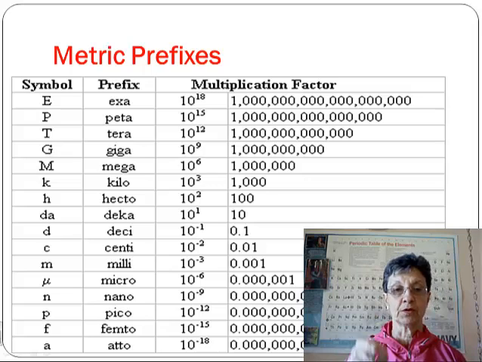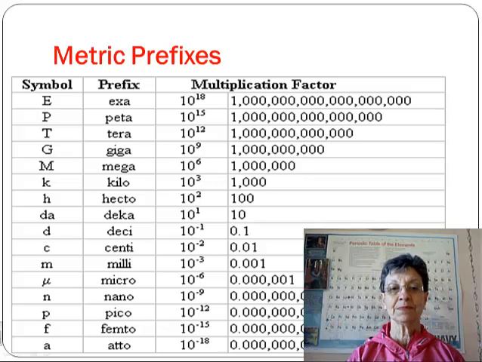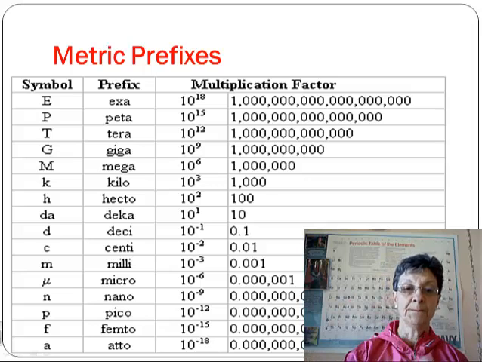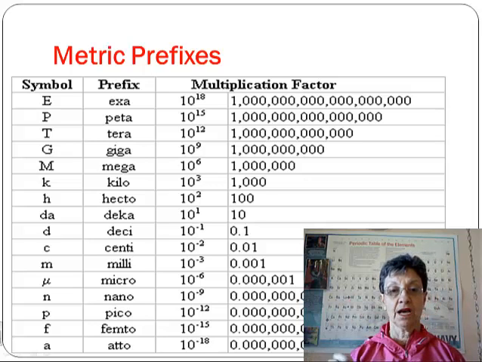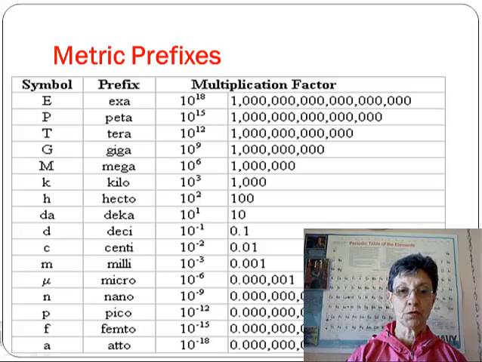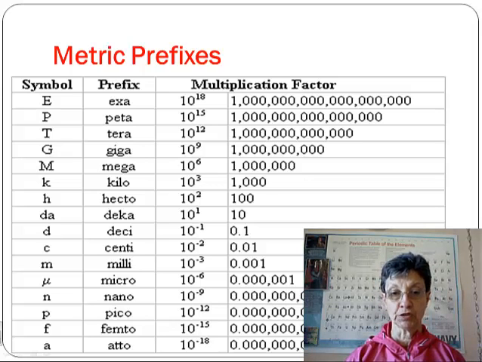That you must remember. Centi means 100th. There are 100 centimeters in a meter. There are 1,000 millimeters in a meter. Micro means 10 to the negative 6. So therefore, you must remember these important units.